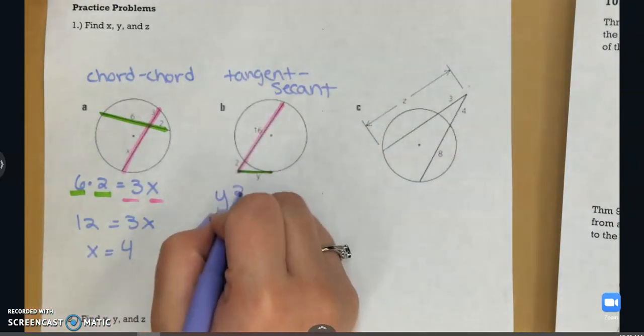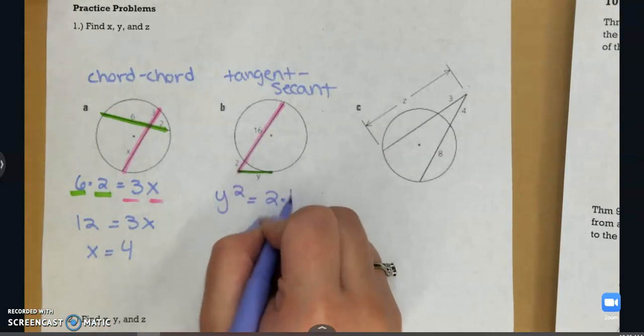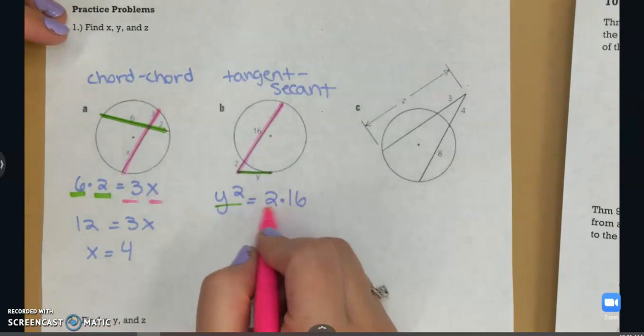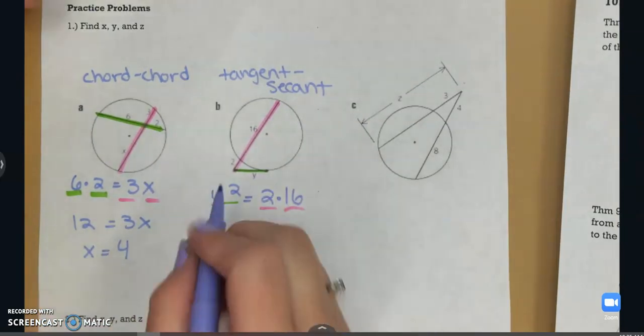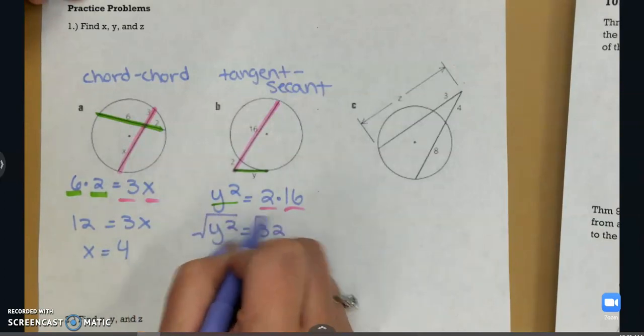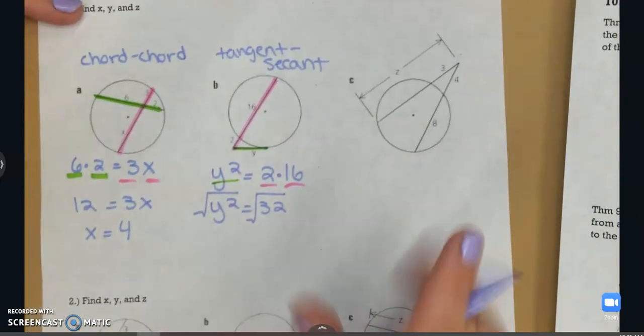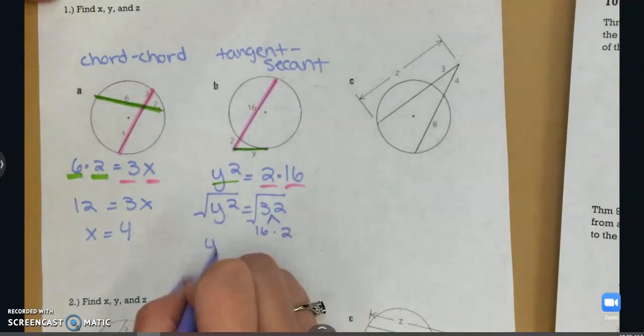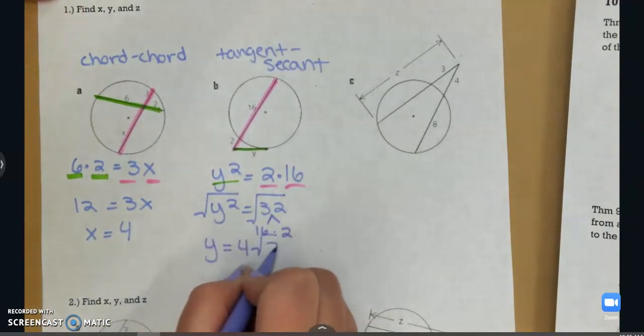So y squared is equal to 2 times 16. That is my green squared and pink times pink. Now 2 times 16 is 32. If I'm square rooting both sides, 32 is not a perfect square, but it has a factor 16 that is a perfect square. So y is going to be 4 square root of 2.